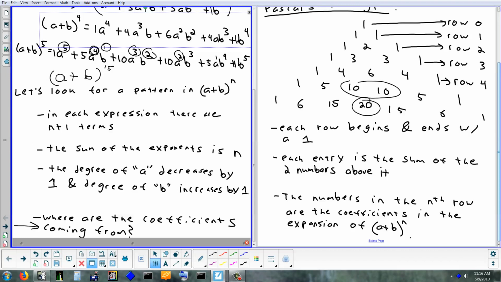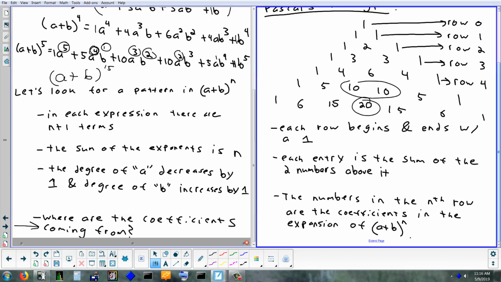All you have to do is figure out one number from Pascal's triangle, not the entire 15th row. Just one number. And then what should the exponents be? Well, we know the exponents should add to 15, so we just count, starting with a to the 15th, 14, 13, 12, to whatever term we need to get to. But the trickiest thing is going to be getting the number in this triangle.